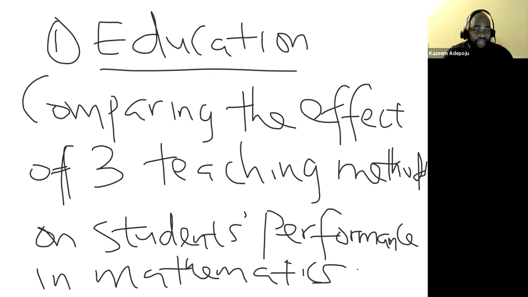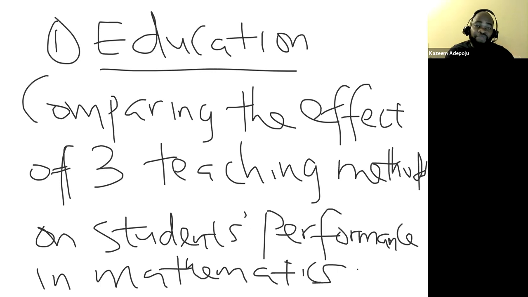Are you guys still hearing me? Okay, but you know what? There is something missing here, because analysis of variance may not do the job. The reason is that there exists another potential factor that could determine the performance of students in maths.